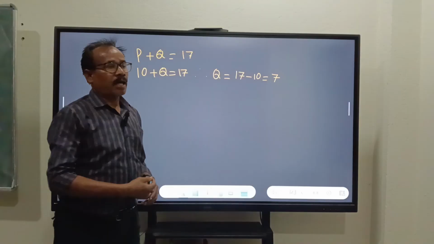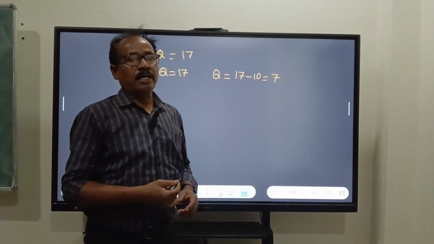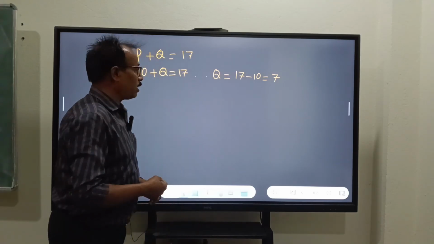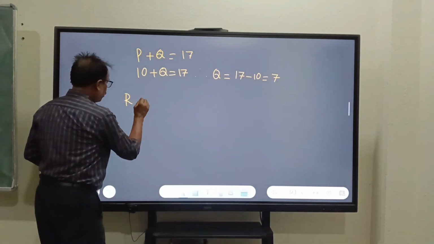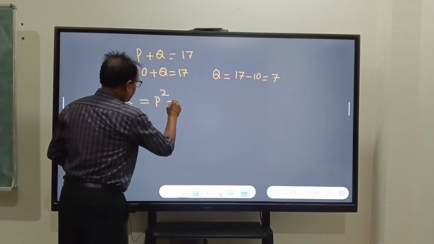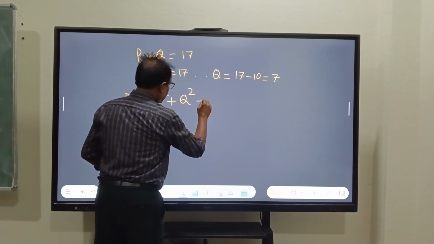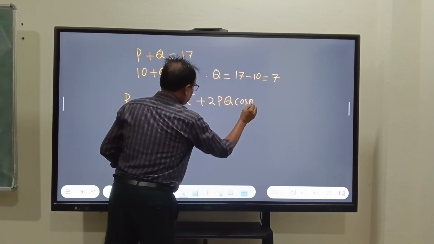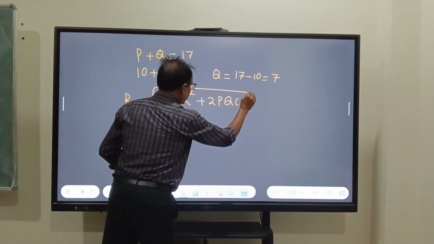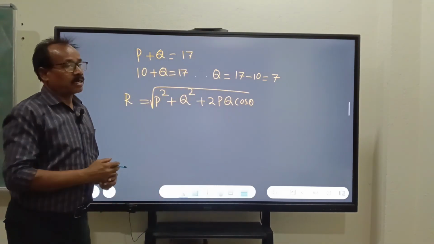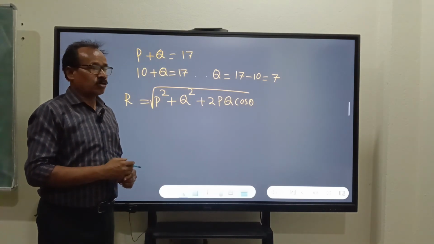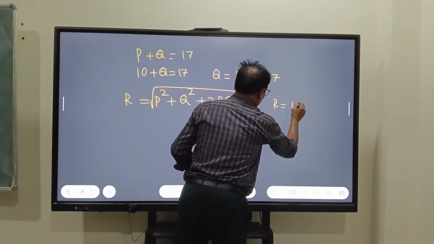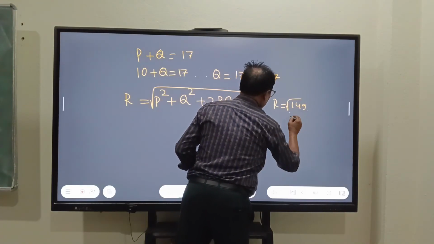You know that R, the resultant force, is equal to root over P square plus Q square plus 2PQ cos theta. Here, the resultant is given as root over 149, that is R is equal to root over 149.